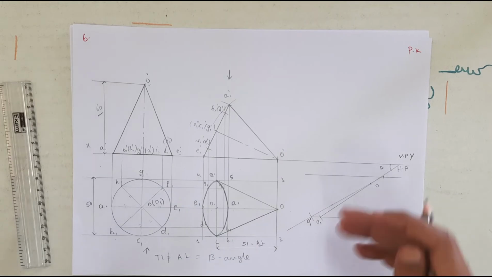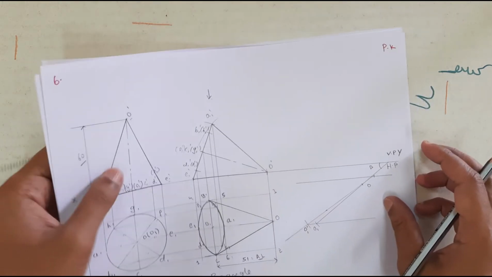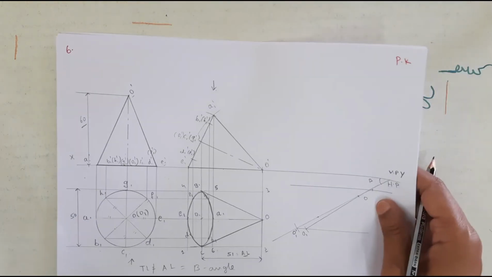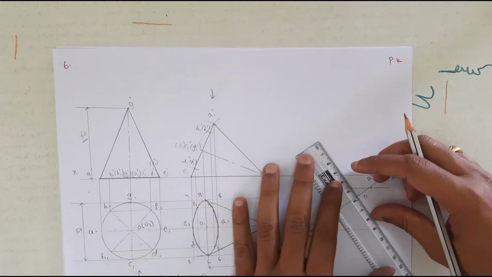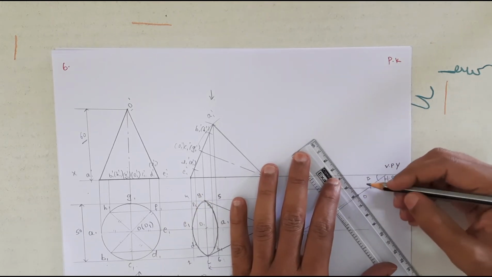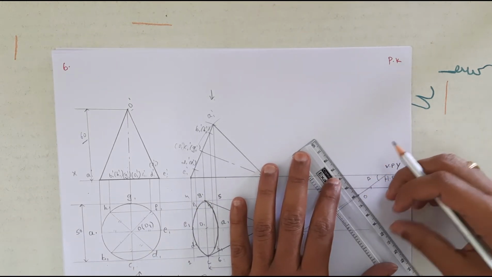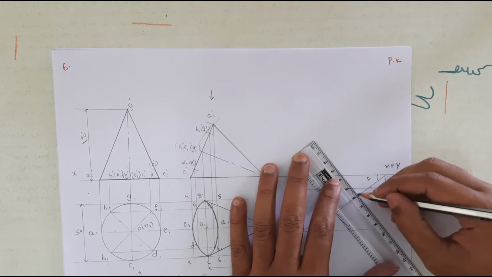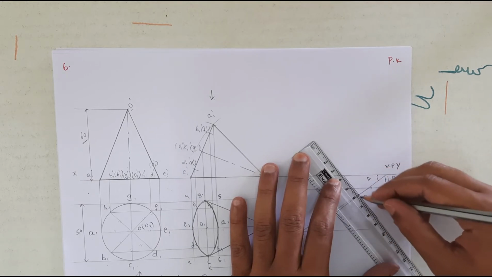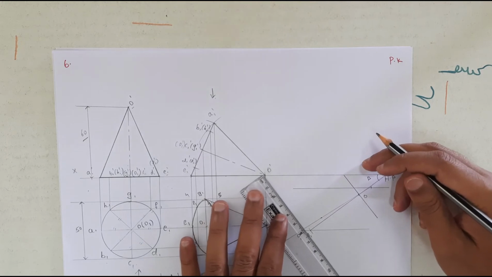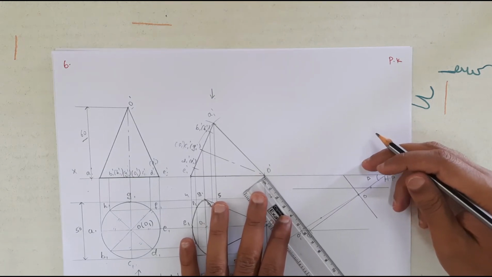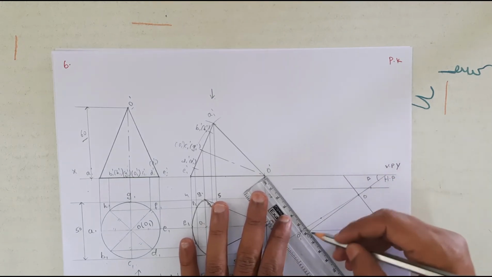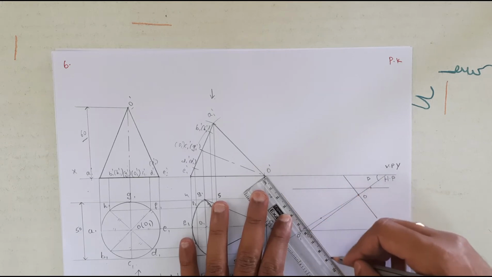Okay, so first we have to construct the box. So from O I am going to draw a 90-degree line, perpendicular lines. From here also I am going to draw the perpendicular lines.